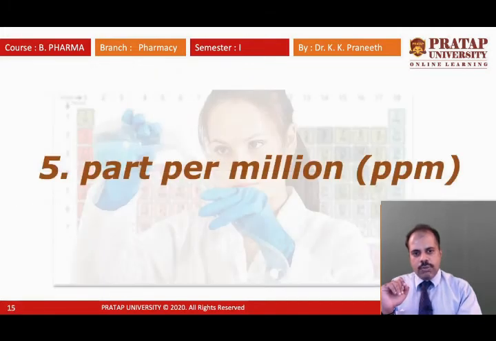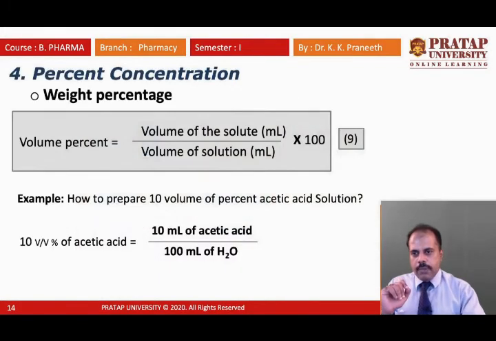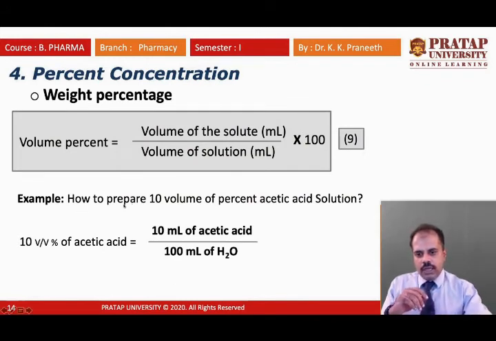So like that you can make the weight percentage or the volume percent of any chemical using these two formulas. You can also try others, like how to prepare a 20 volume percentage of acetic acid. How to make that 20 volume?